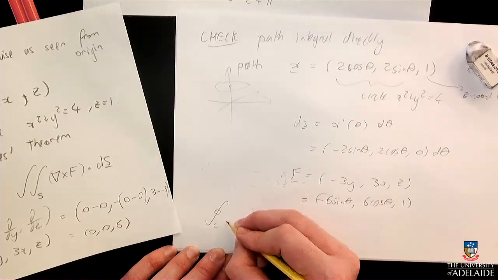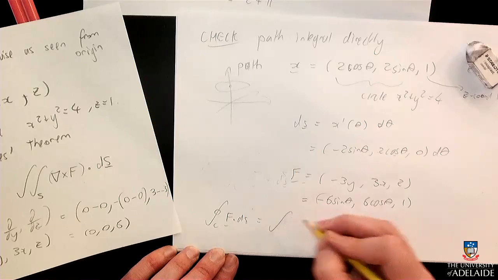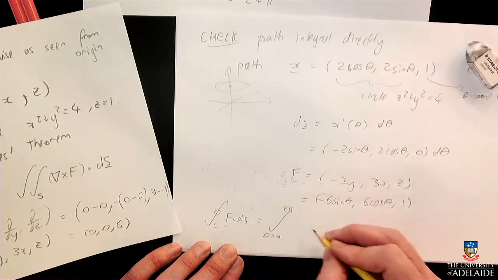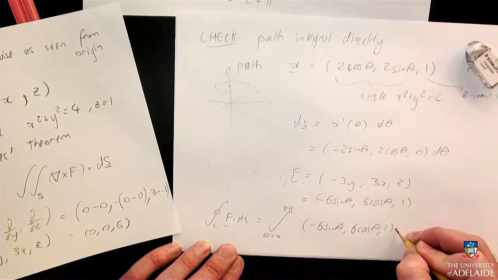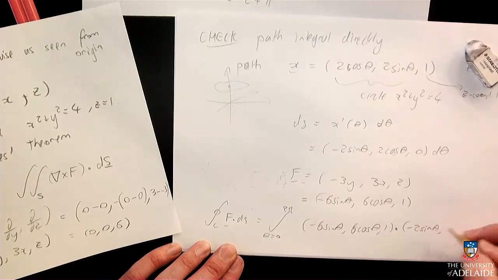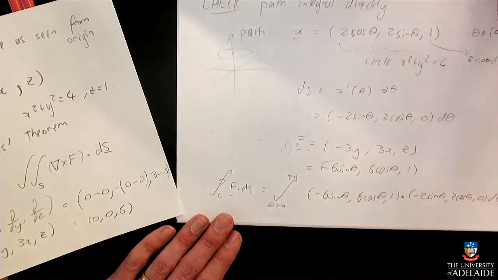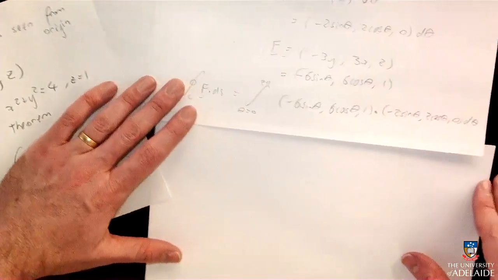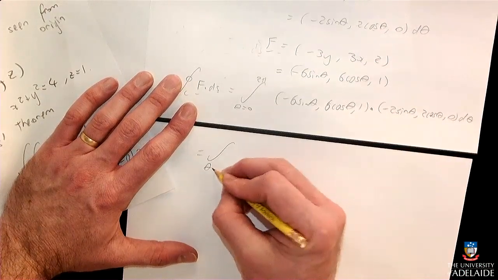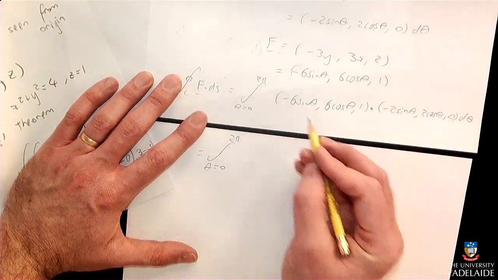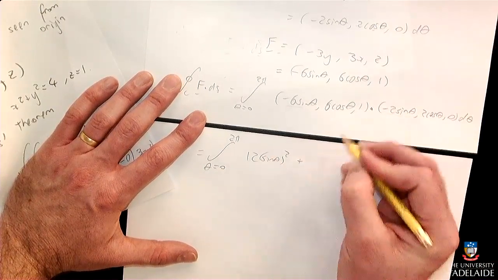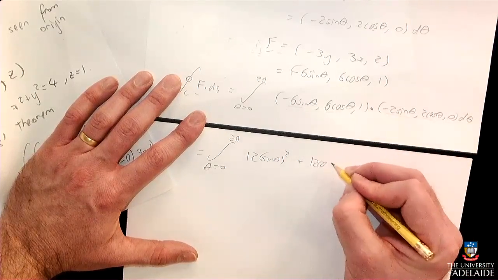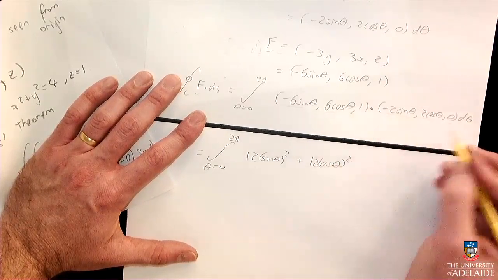So the integral around the curve of f dot ds is the integral of theta from 0 to 2 pi of (minus 6 sine theta, 6 cos theta, 1) dot (minus 2 sine theta, 2 cos theta, 0) d theta. Which is the integral from 0 to 2 pi of 12 sine squared theta plus 12 cos squared theta plus 0.